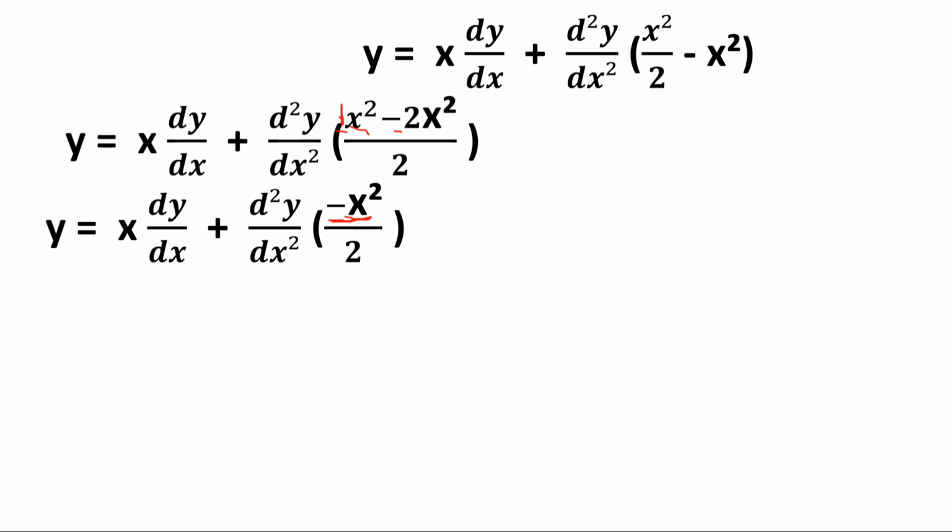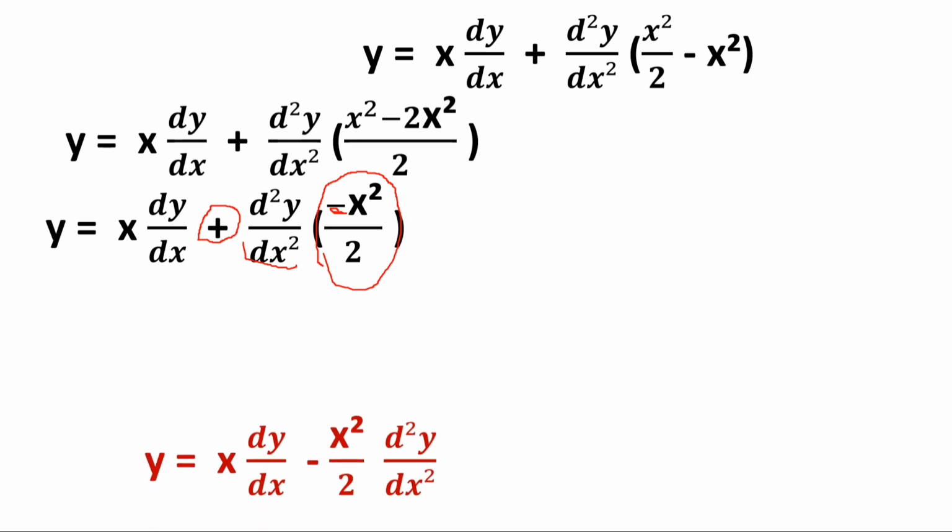So the last thing we do is to use this, minus x square over 2, to multiply this. And if you use it to multiply this, mind you, the minus here multiplies with this plus here. Plus times minus will give us minus.